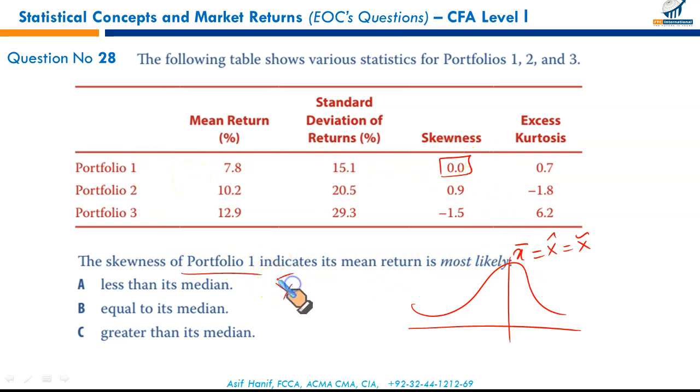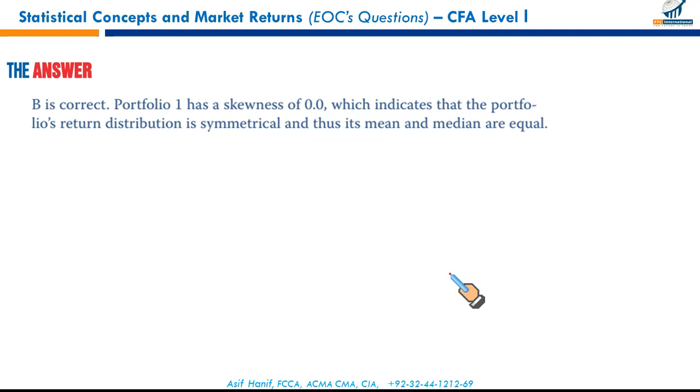The first part says the skewness of portfolio 1 indicates its mean return is most likely less than its median. No, mean and median are the same. Mean, median and mode are the same for this distribution. Look no further. B is the right answer.